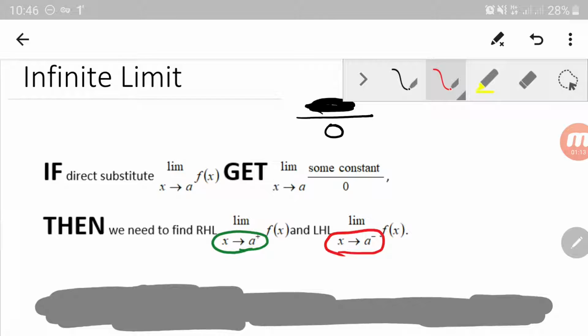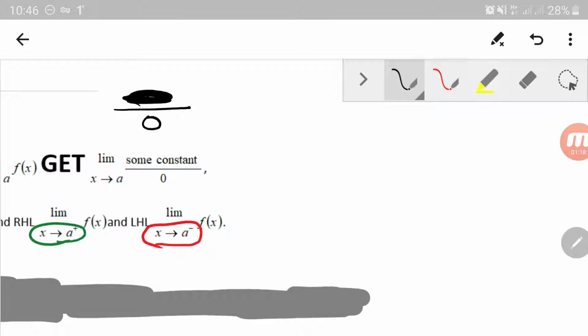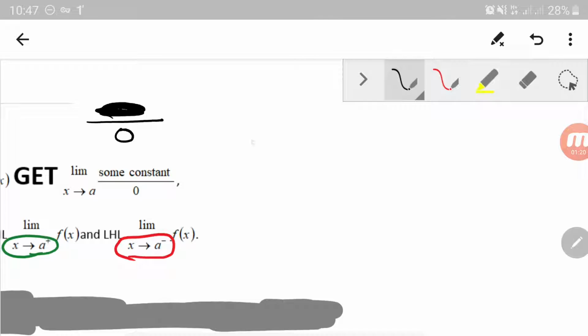Maybe we are going to sketch something for you to see the idea. What does it mean by infinite limit? It means that, maybe if you find the limit of 1 over x as x approaches 0 from the right, what sort of value do we get over here?